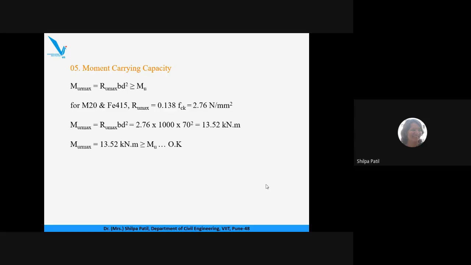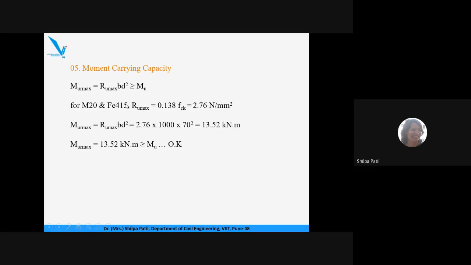For given grade of the concrete and grade of steel, what will be RU max, that we have already calculated. So the same value is adopted here as 0.138, and then the value of BD square is also placed in the formula, and MUR max is calculated like this. Okay, so the MUR max is coming as 13.52 kilonewton meter.